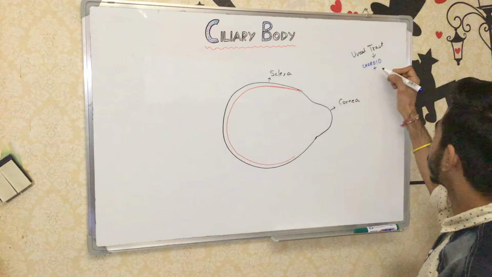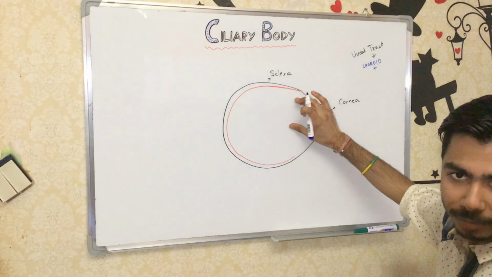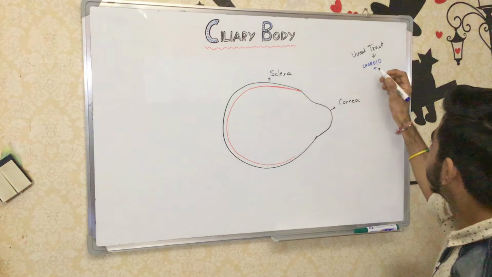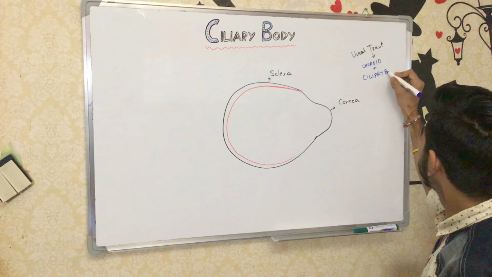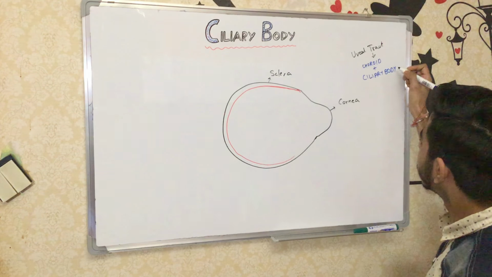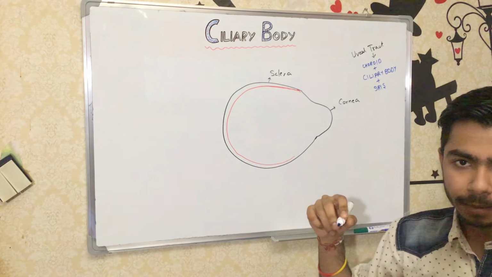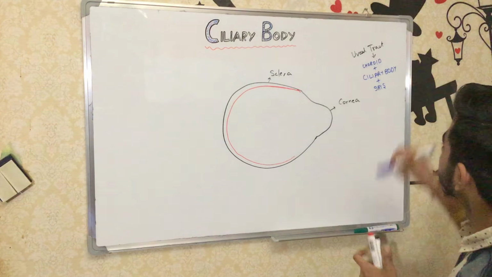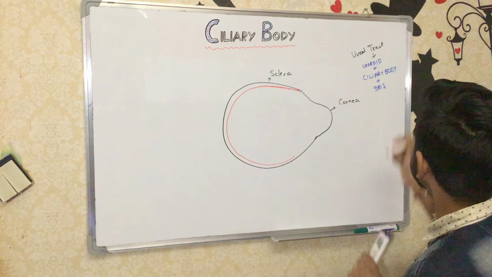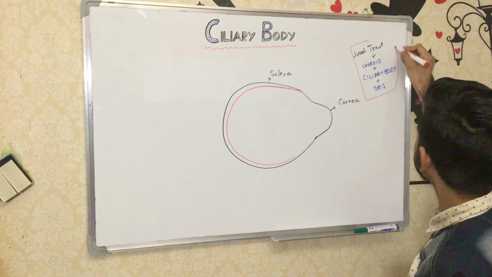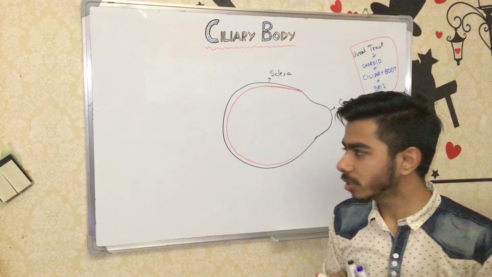So the uveal tract consists of the choroid. Then as you move further anteriorly towards the cornea, you will find the ciliary body, which is also a part of the uveal tract, and the last one is the iris. So these three structures combined are known as the uveal tract.